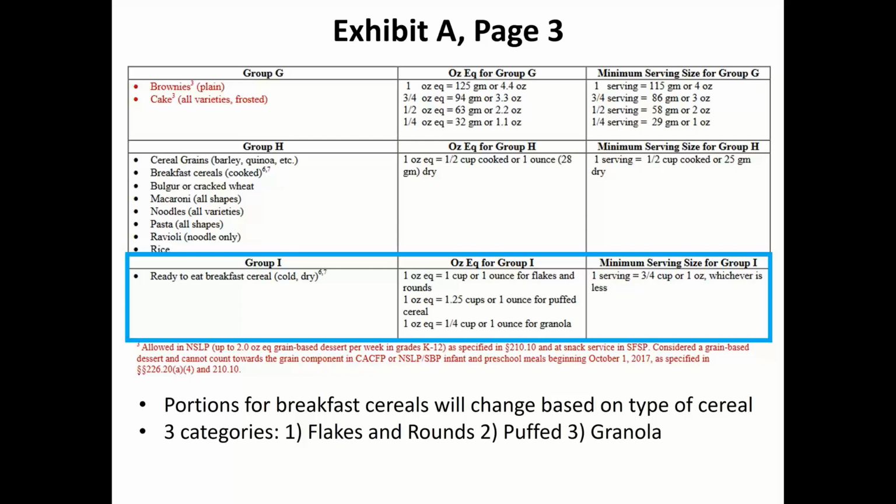Sometimes people think that Kix is a round because, well, it is a very round shape. But remember that the rounds are more for the donut-shaped cereals like Cheerios. Instead, because Kix does have a lot of air in it, it's considered a puff. So puffs have a lot more air inside. Granolas are pretty self-explanatory. Most of us know what granolas are.